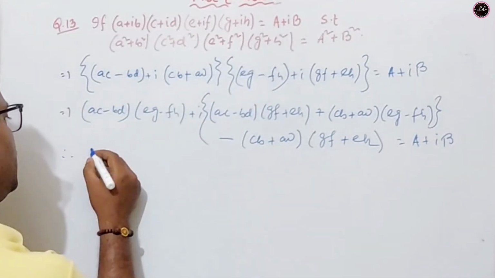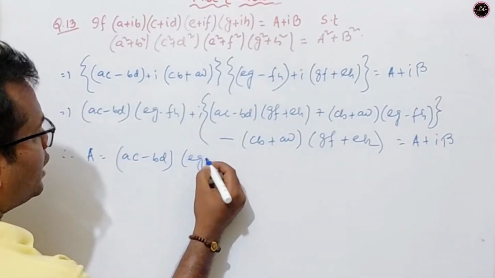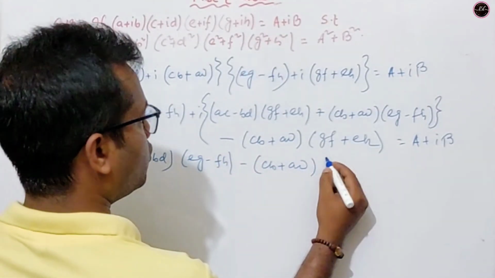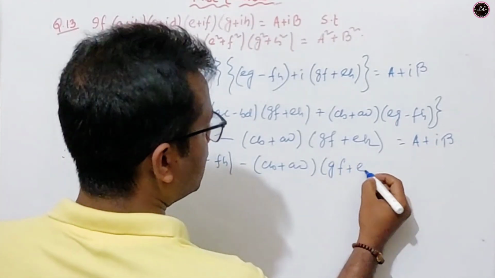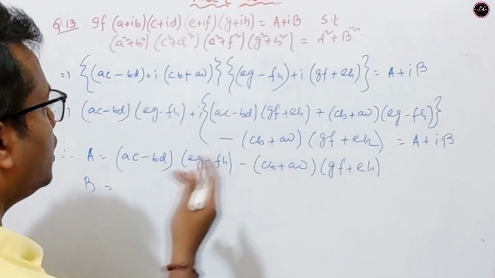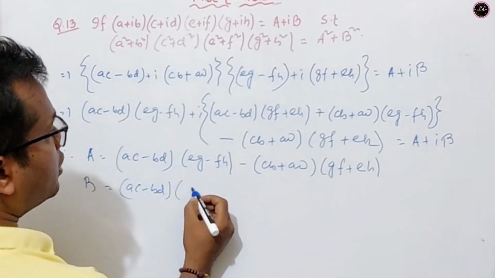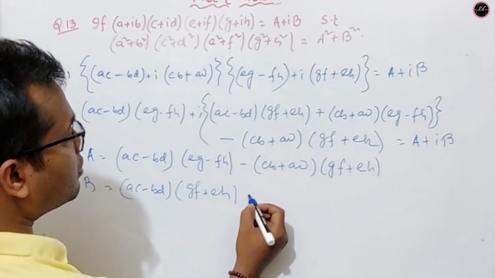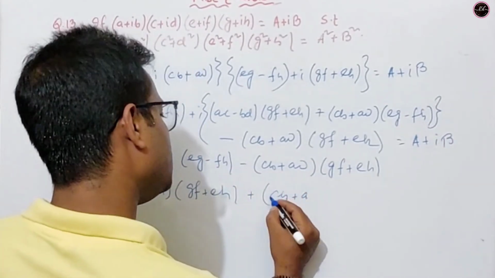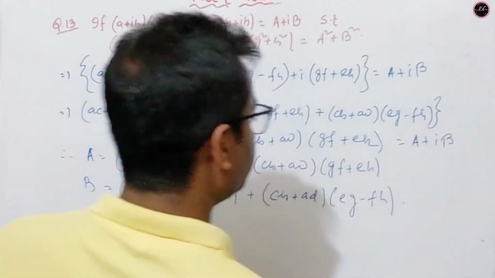Therefore a equals (AC minus BD)(EG minus FH) minus (CB plus AD)(GF plus EH), and b equals the i part, that means (AC minus BD)(GF plus EH) plus (CB plus AD)(EG minus FH).